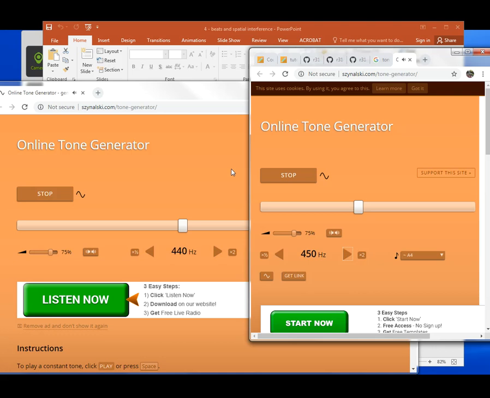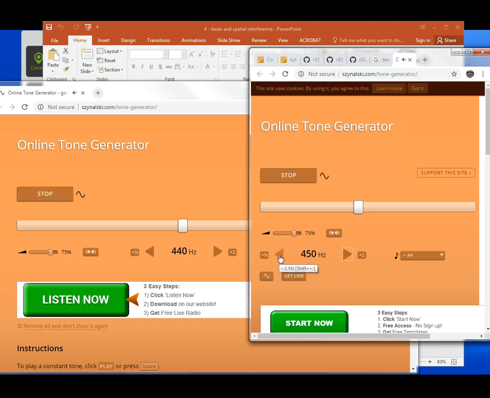You can play with this, open up 2 instances of the tone generator, and you notice that when one is 450 and the other one is 440, the beat that you hear is happening 10 times per second.